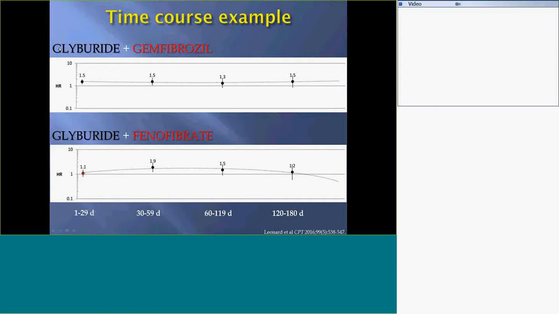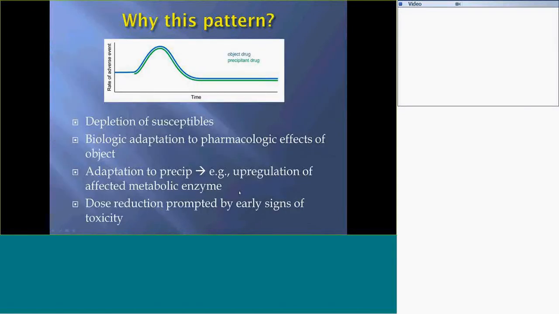But as a little bit of a spoiler, when we studied glyburide and gemfibrozil users, and we looked in different time windows, as you can see here along the bottom, you can see that the hazard of hypoglycemia was relatively consistent over these windows when gemfibrozil was the precipitant.